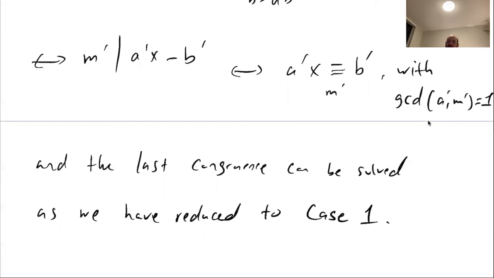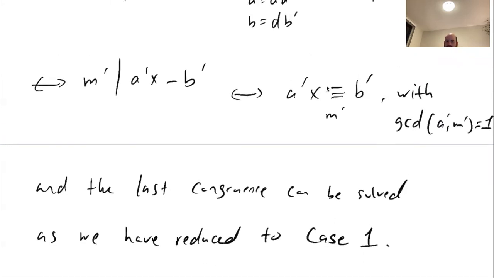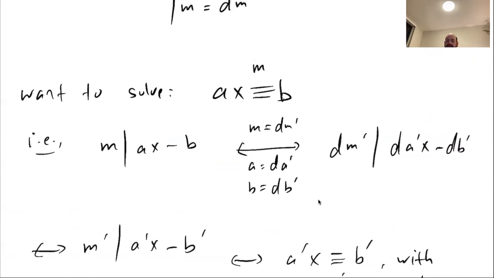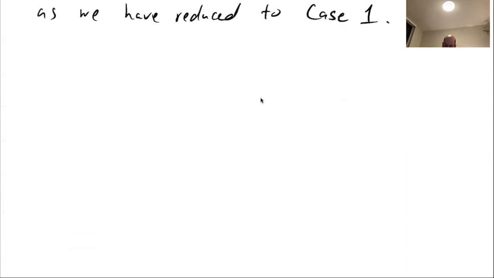Remember, we already know how to solve a congruence as long as the GCD of these two numbers is 1. And right now we have a congruence where the GCD of these two numbers is 1. So we can solve this congruence, and every solution of this congruence will be a solution of this congruence as well. So let me give you an example.